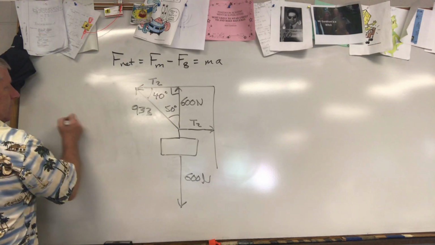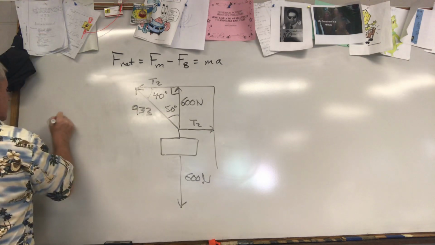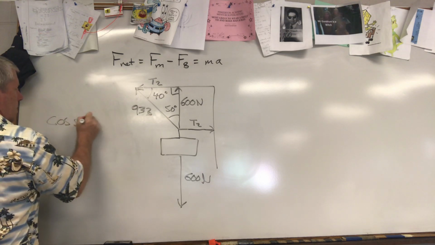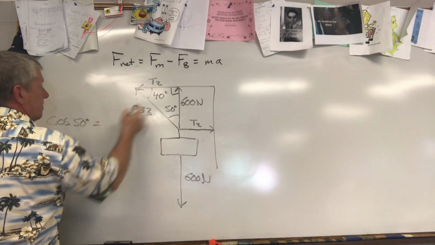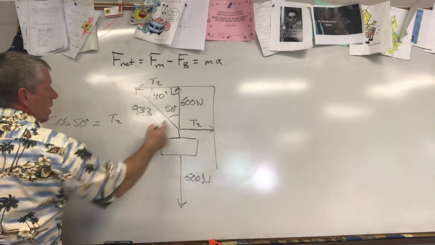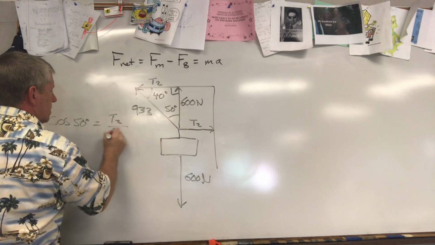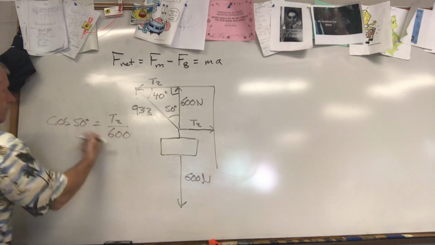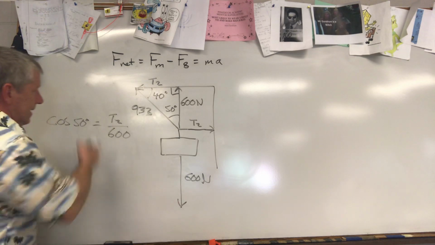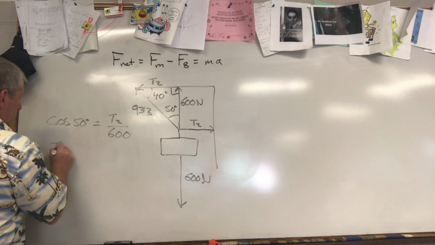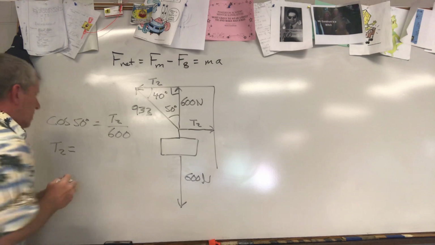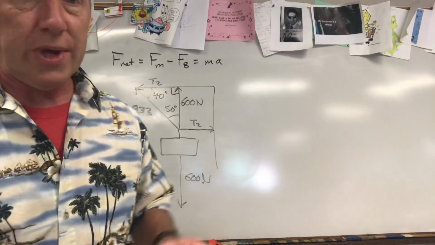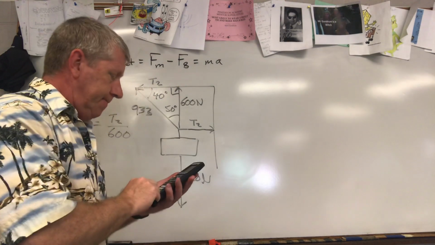So let's see, the cosine of 50 is equal to the opposite, T2, over the adjacent, 600. Multiply those, get T2. So T2 is equal to 600 multiplied by the cosine of 50.